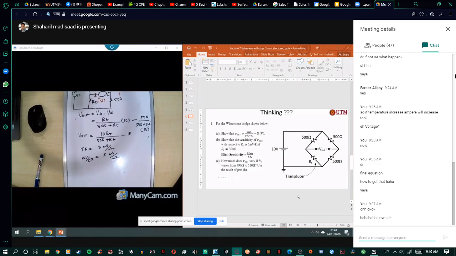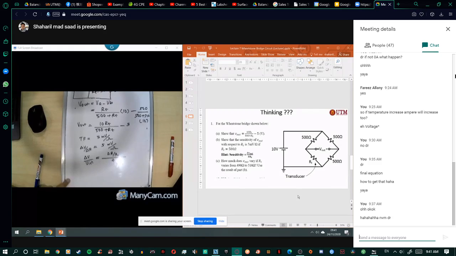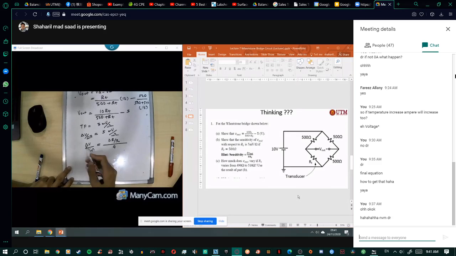Okay, so the sensitivity is equal to that one. That means delta V over V in equals delta R over R, what we call it, 4. Okay, all right. So now delta V over V in is 10, delta R over 500 equal to 4.